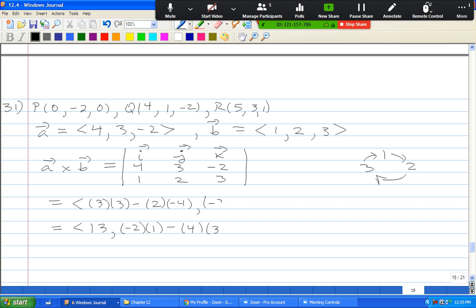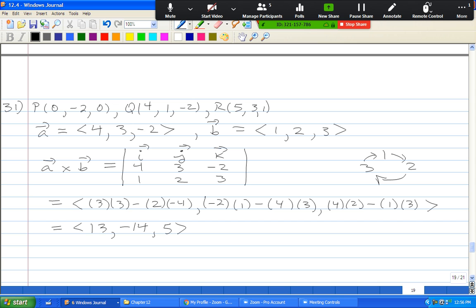Oops. I'm in the wrong location. That'll give me a negative 14. And then lastly, this is going to be a 1, 2. So 8 minus 3, 5.